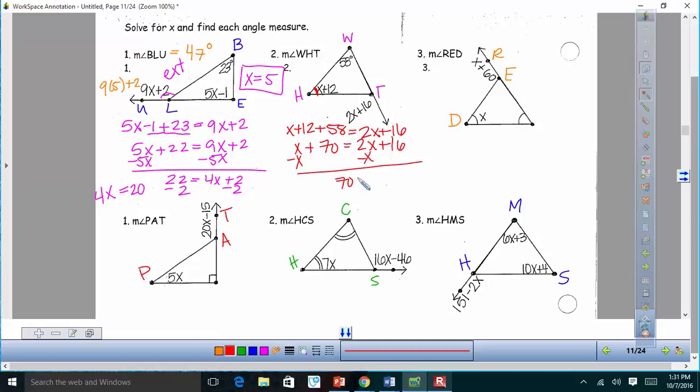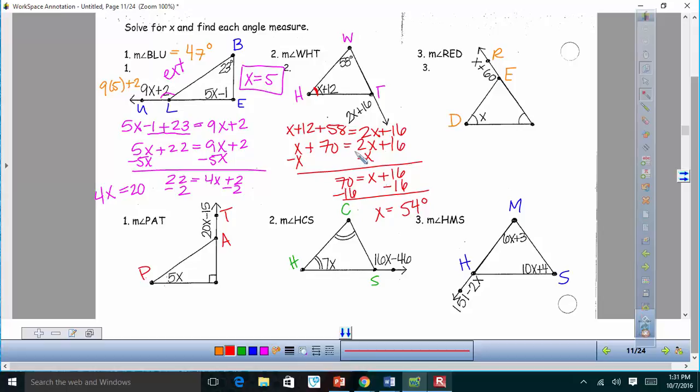That gives me 70 equals x plus 16. I want to get rid of the 16 to get x by itself, so I subtract 16. And x equals 54.